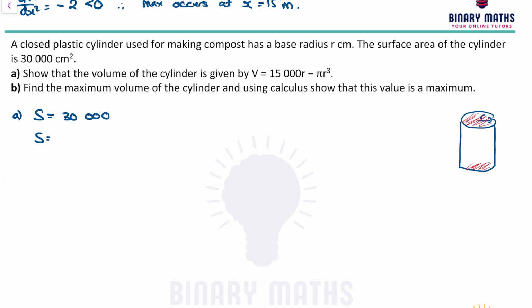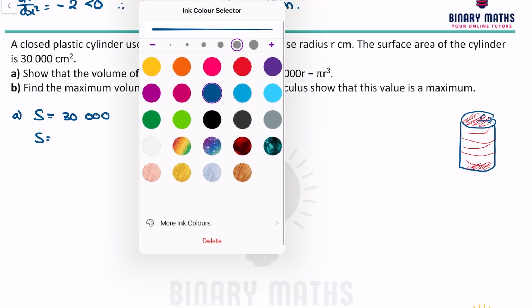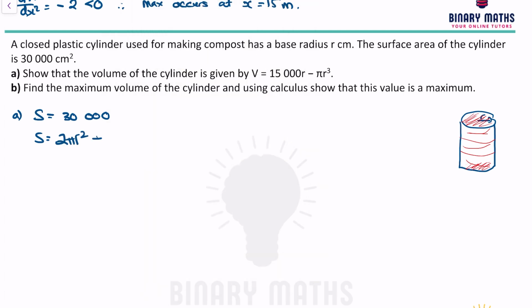Each circular part is pi r squared, so it's going to be 2 pi r squared, plus the curved part, which is 2 pi r h.